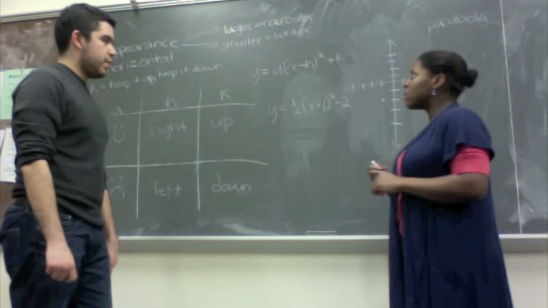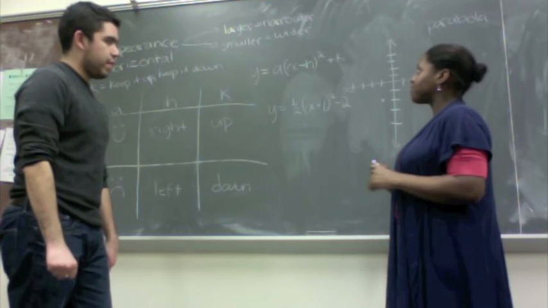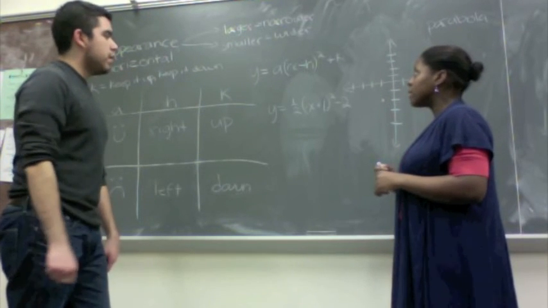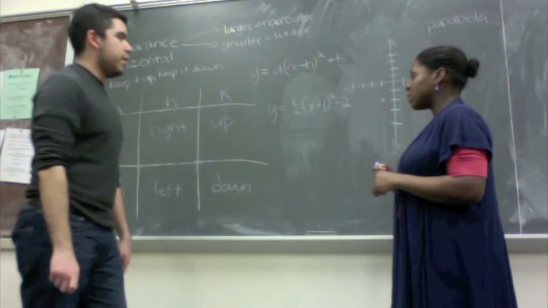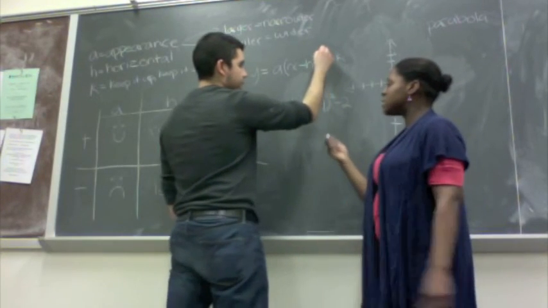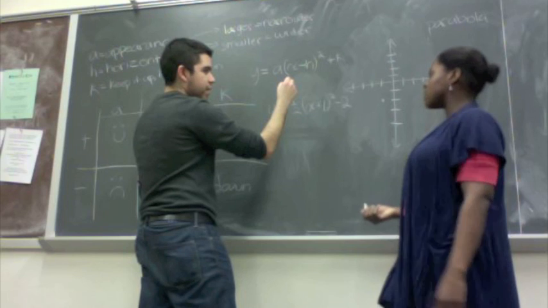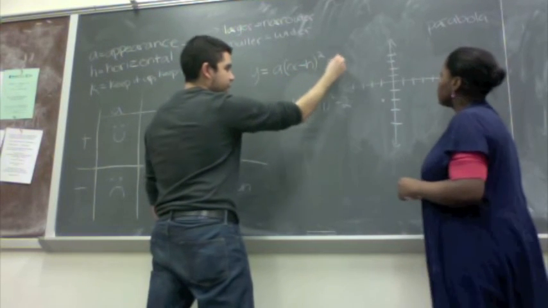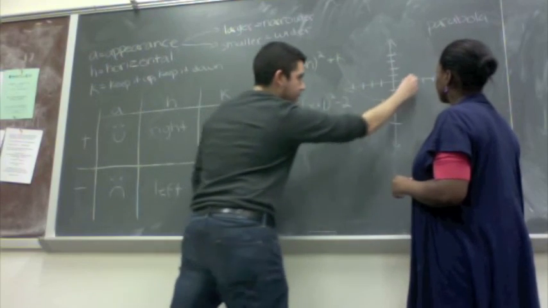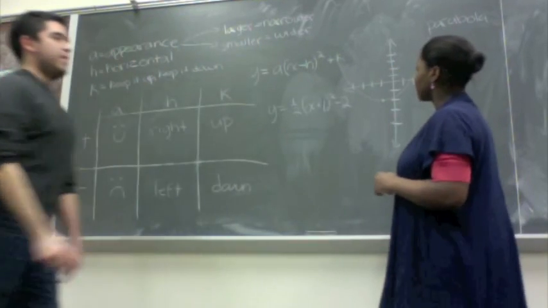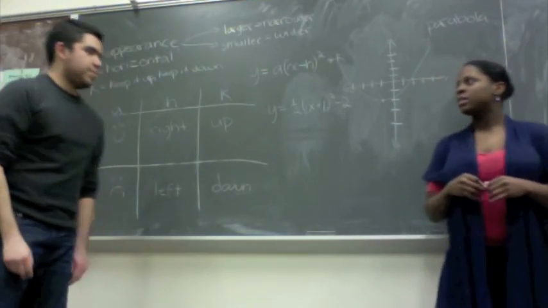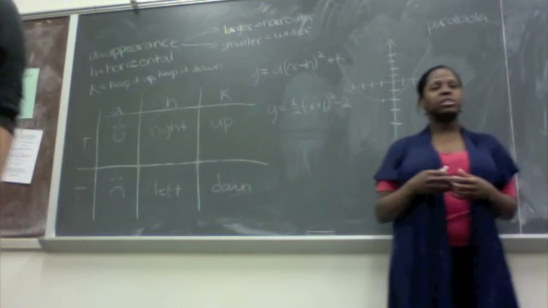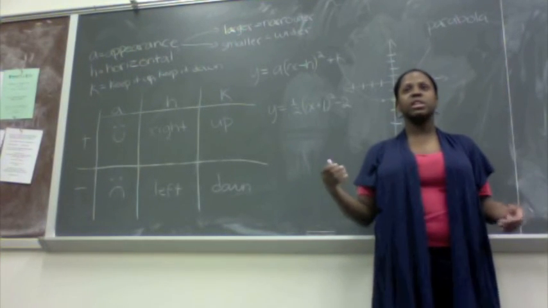And is it smaller or larger than 1? It is smaller, so it's going to be wider. Okay, good. And since it's positive, it's going to be a happy face or a sad face? Happy face. Okay, so which way is it going to go? There. Good. Good job. So you guys, that's pretty much the basics of drawing a parabola using the simple model.